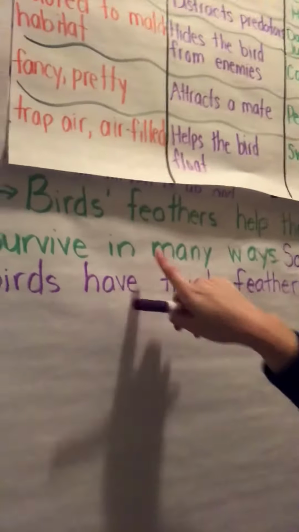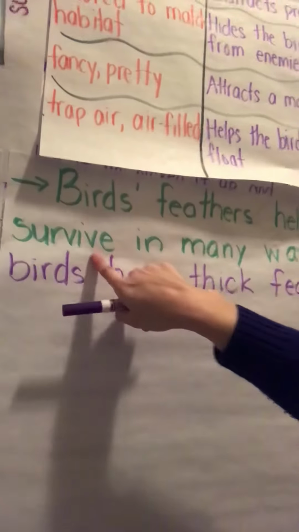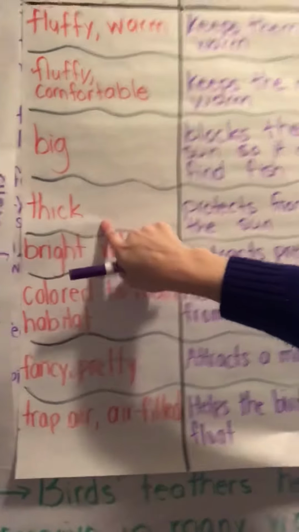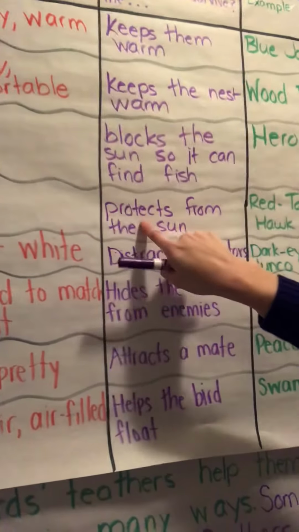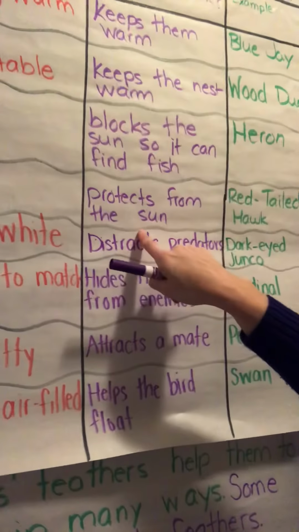Now that describes the type of feather we're talking about, but we need to say how these thick feathers help the birds survive. Because again, we're talking about them surviving. So let's go back to our notes to see when we go to thick, how it helps them. It says protects from the sun. So how do thick feathers help the birds survive? Right, they protect them from the sun. They're just like sunscreen.